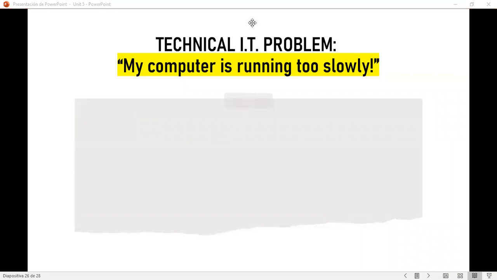As I was telling you, the technical problem. I put in here an example. It's a technical IT problem, so let's talk about computers. It says, my computer is running too slowly. I think this is a common problem nowadays that we have in a home office.